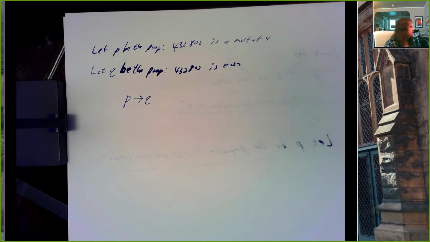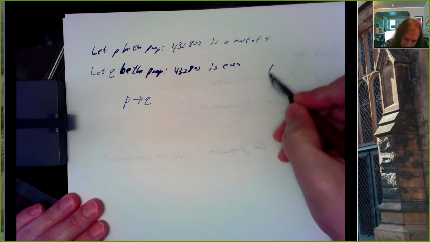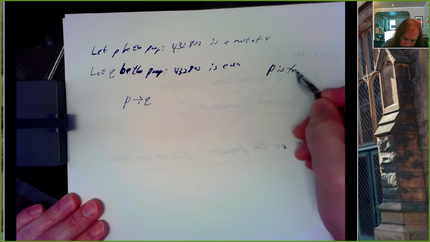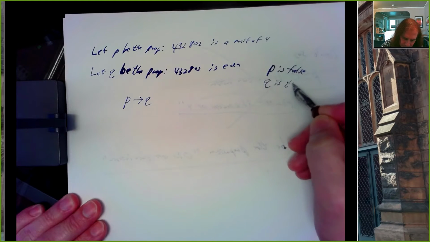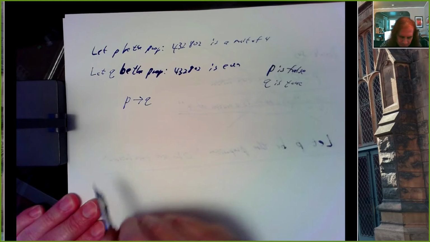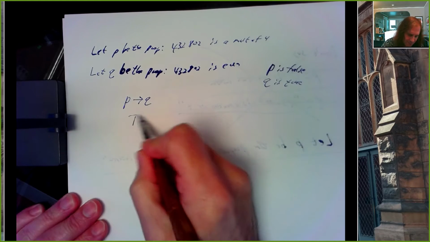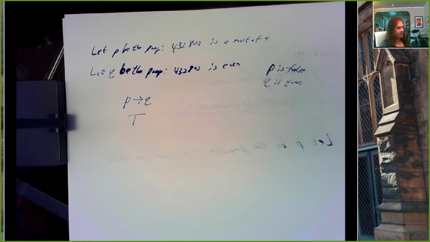And then the exercise set asks us to determine whether this is true or false. Well, it turns out that P is false and Q is true. But as long as P is false, this implication is true regardless of the value of Q, because of that funny thing that implication does in its truth table: if false, then anything.